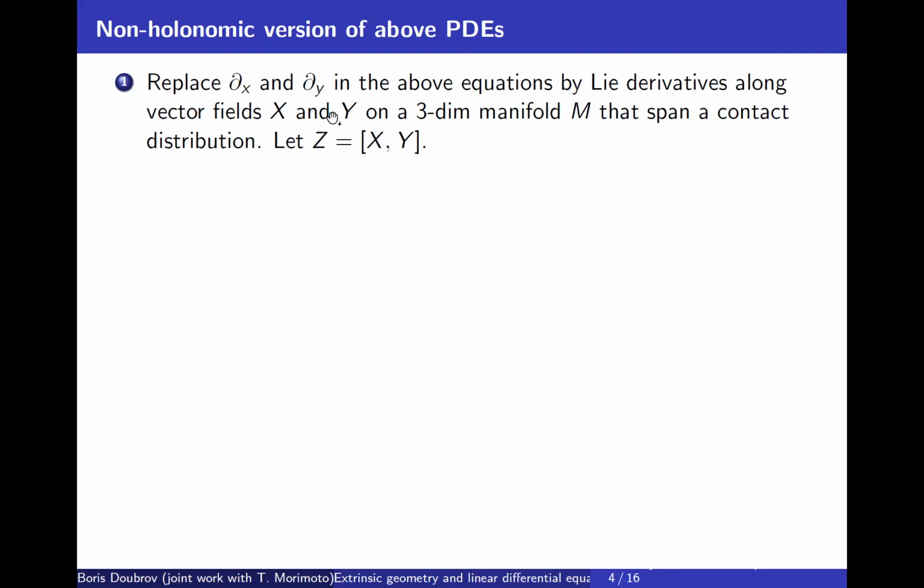And now we assume that these two vector fields span a contact distribution. So instead of looking at the holonomic version, we look at the non-holonomic version of such a system.